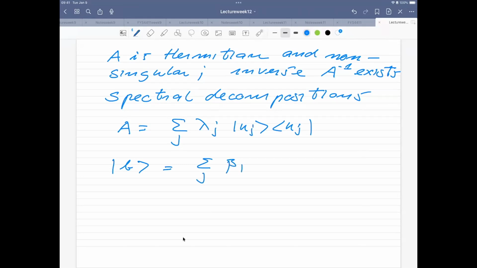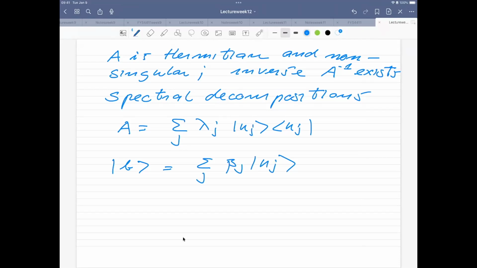And you see that one of the problems which we face is the problem of encoding the information in the vector B. This vector B could represent some classical numbers, which you have to encode in a quantum state. But let's just look at the basic mathematics here.